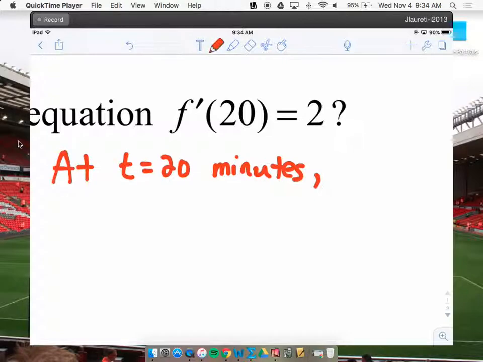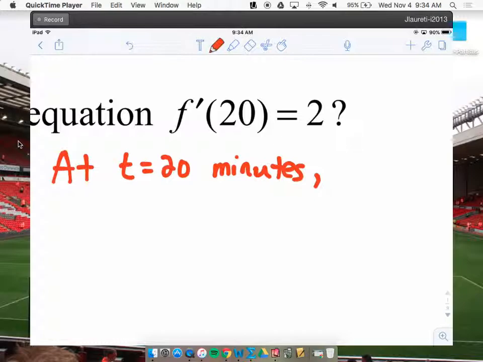Increasing, right? Since it's positive, at that particular moment in time, temperature should be increasing. Now, if that said it was, say, -5, then it would be decreasing. So the sign depends on whether your rate is increasing or decreasing.